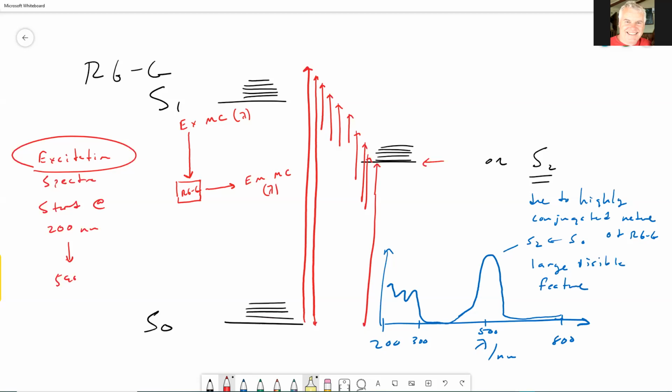Now, for excitation, we're going to scan the excitation wavelength, just as I've described here. So we're going to scan the wavelength such that the molecule starts at this ground state and is excited into these upper states. Then we're going to look at the emission that comes out right around here. Okay. So this is scanned and this is fixed.